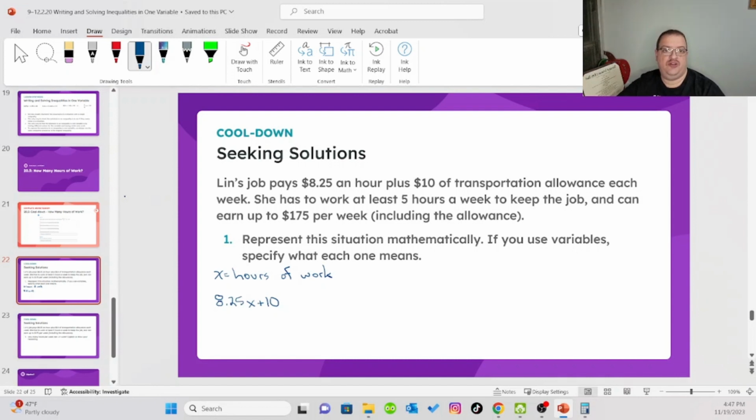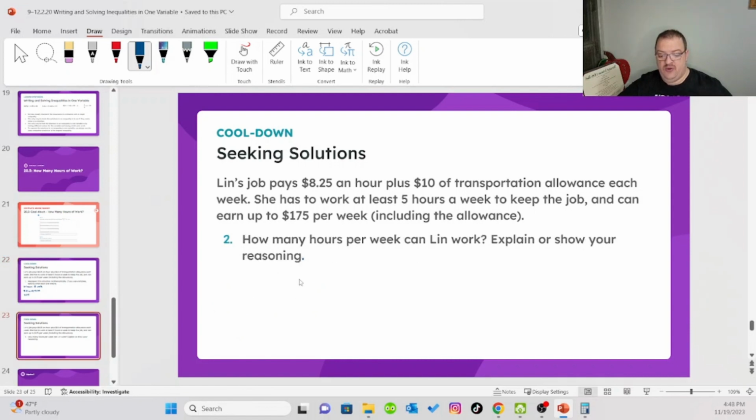So she could earn $175, or she can earn less than $175. She just can't earn more than $175. So that would be less than or equal to 175. And it says she has to work at least 5 hours a week to keep the job. So X must be more than 5 hours or exactly 5 hours. So these two inequalities would represent the situation correctly.